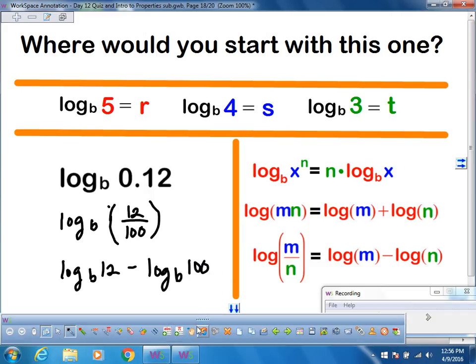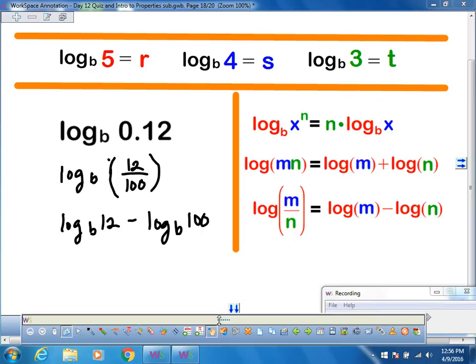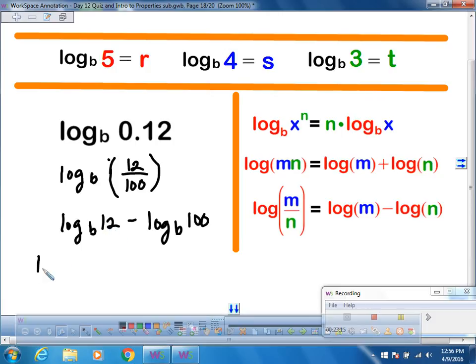Take a moment, see if you can figure out what we're going to do next. What's our time here? 23. We're doing pretty good. All right, so log b 12, we're going to use the product property for that one and turn it into 3 and a 4. So I have log b 3 plus log b 4 and log b 100.